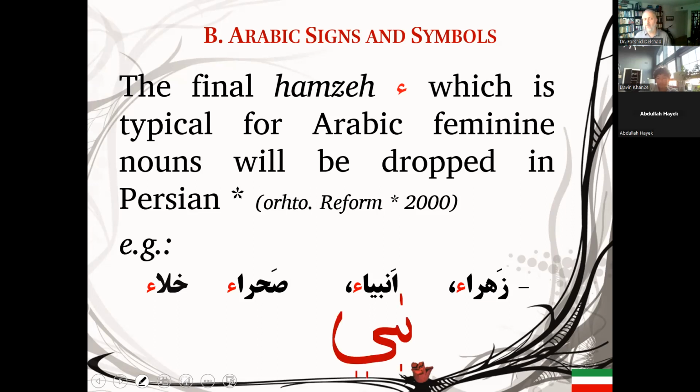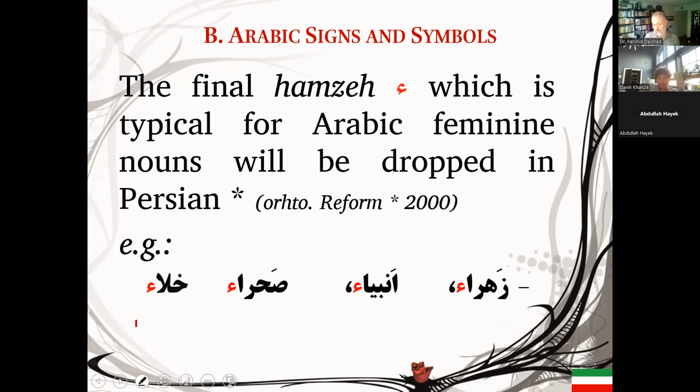And then Sahra, which is desert, and you know that from the word Sahra, right? And the word Khala, which means back. Now, those words are either feminine or plural. For example, Anbiya is plural. Zahra is feminine. Since in Persian we do not have this concept of feminine and masculine in the names, I mean, grammatically seen, we have genders, of course, but they don't have gender signs.